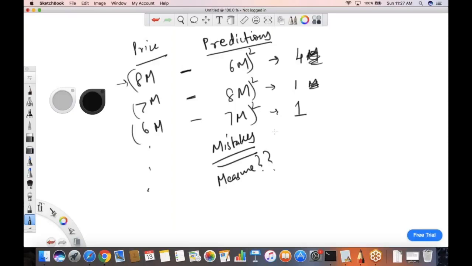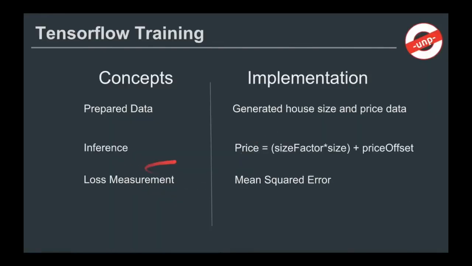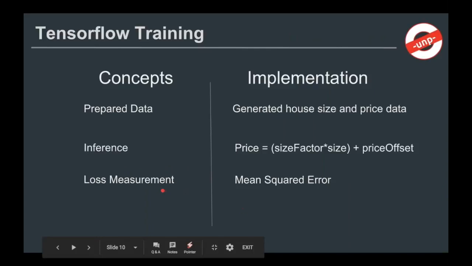So essentially what I'm trying to do here is I want a statistical measure through which we can calculate what are the errors we are making with our predictions so that we can do it better in the next iteration. Okay. So unless and until we know how to measure our errors, we won't be able to go forward. Okay. So definitely we need to measure our errors.